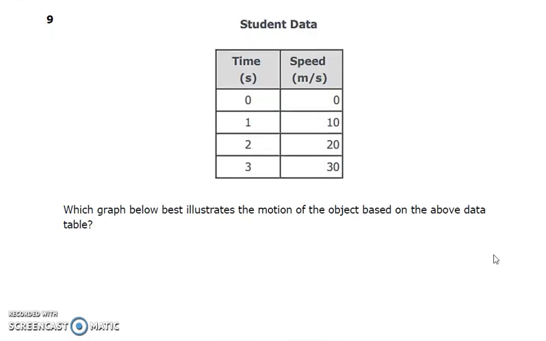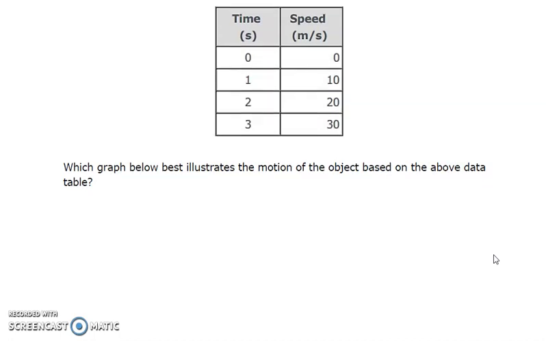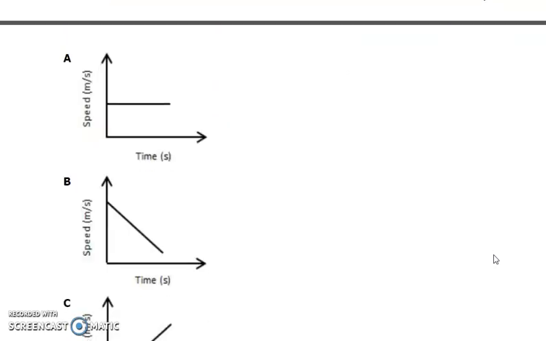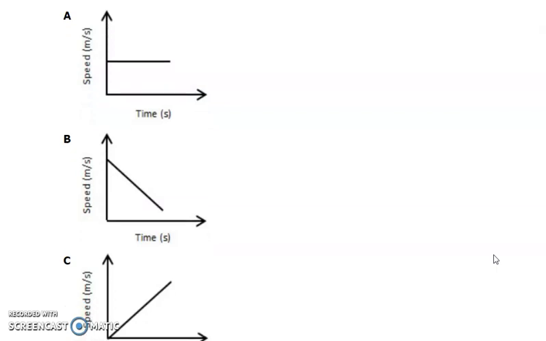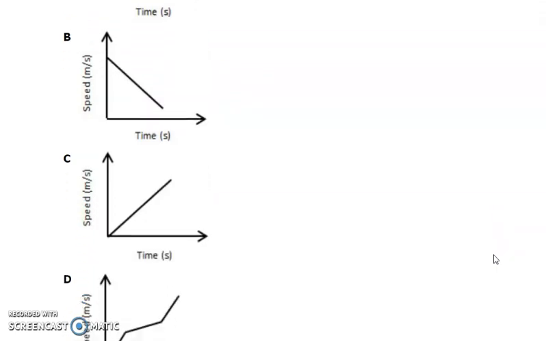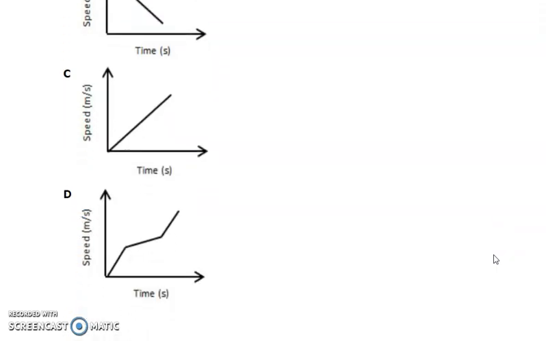Number 9. Which graph below best illustrates the motion of the object based on the above data? A, B, C, or D?